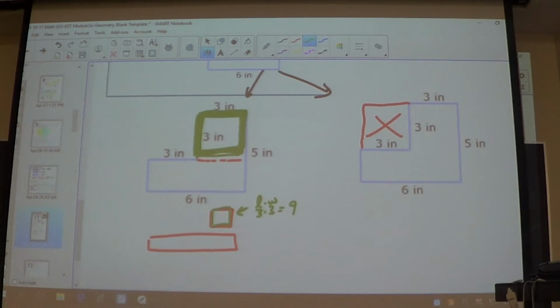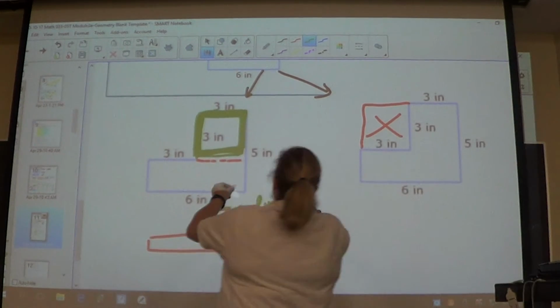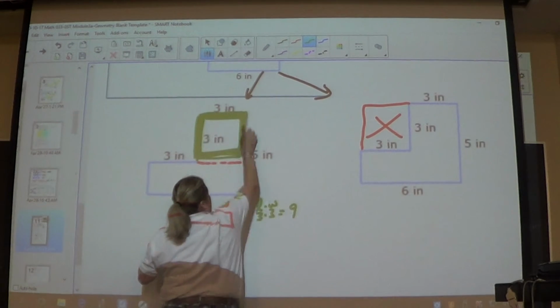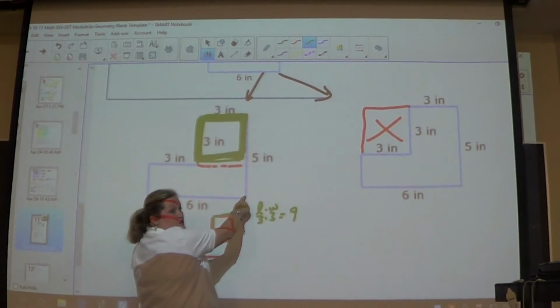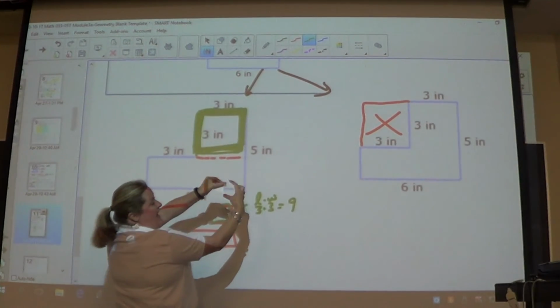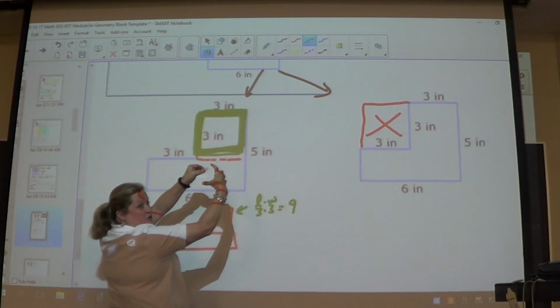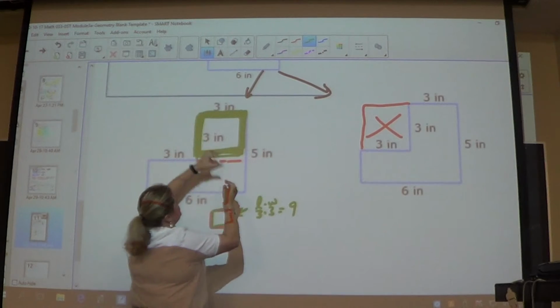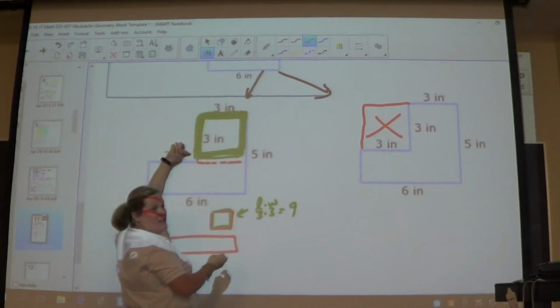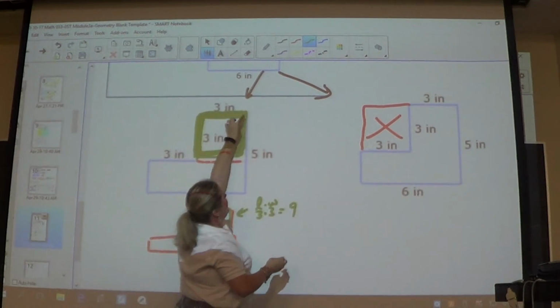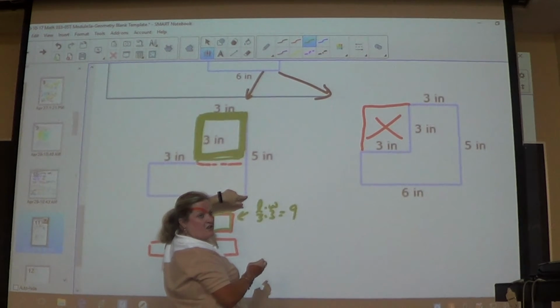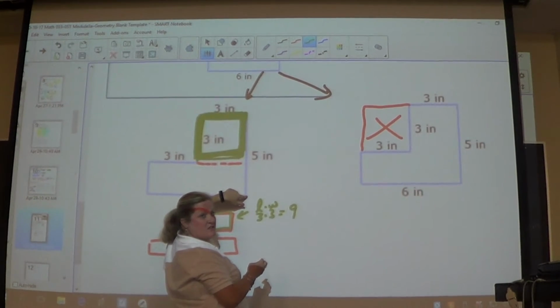The 5, let me hold this back up. The 5 is the whole house and chimney together. The 3 is just from here to here. The 5 is from here to here. See the difference?